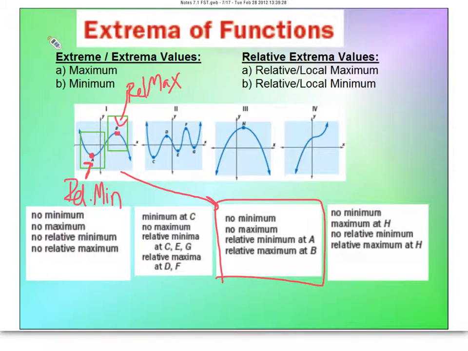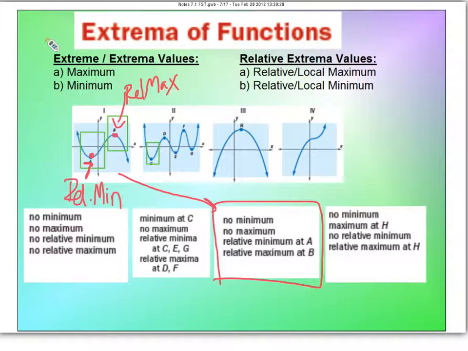Now there are a handful of relative max and mins on this graph. If you look at it and isolate this section, and let's look at this section here, we'll just look at all of these little sections. You should be able to notice that there are a variety of mins and maxes.